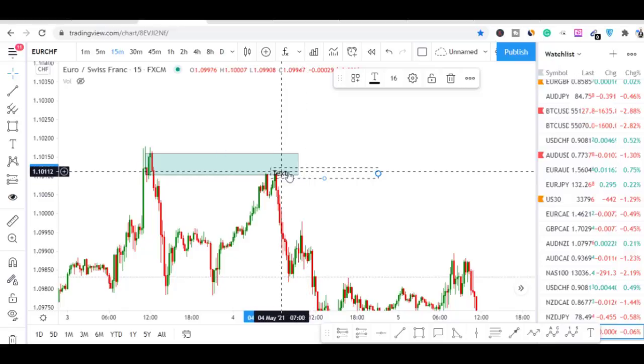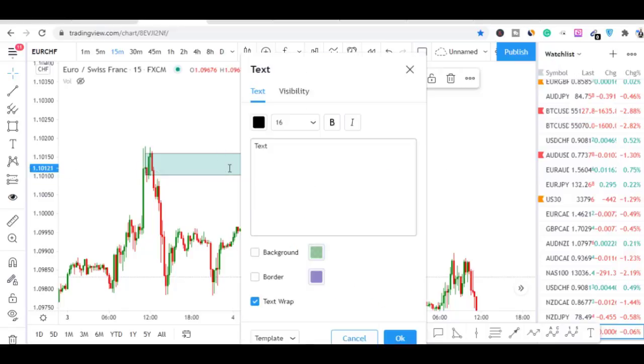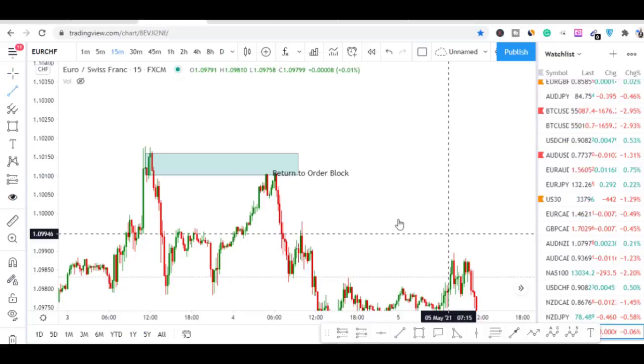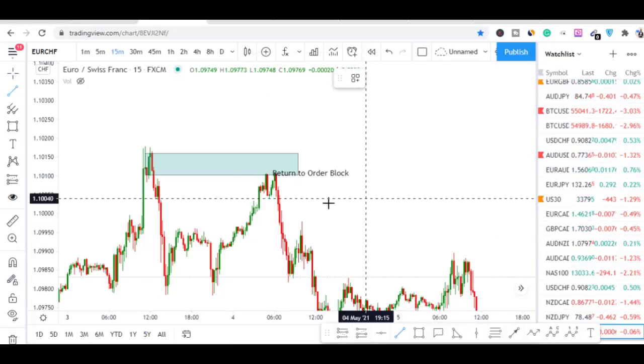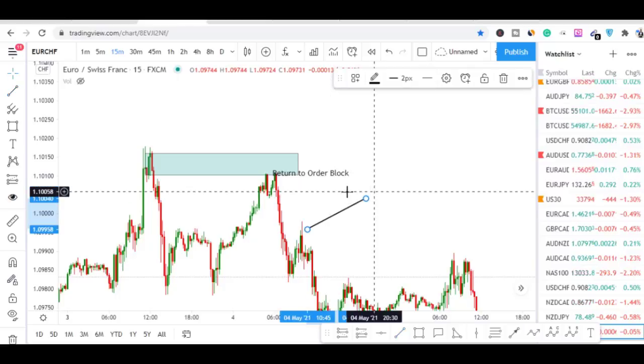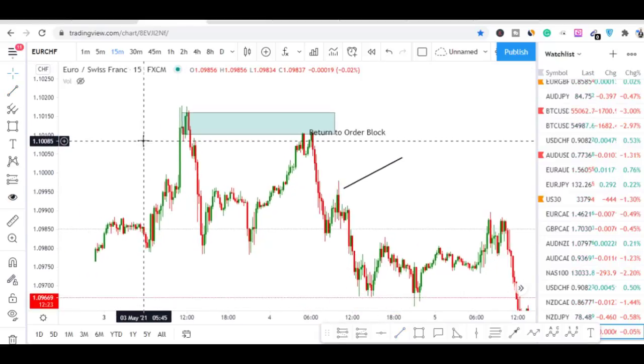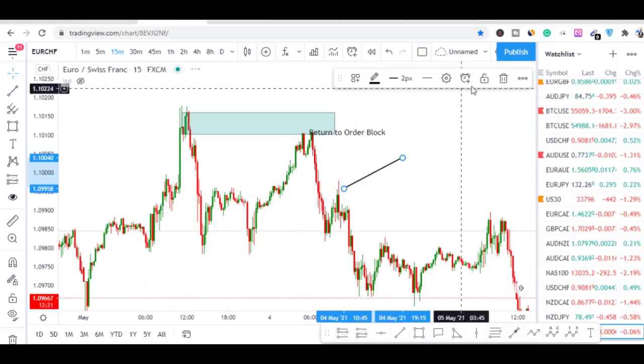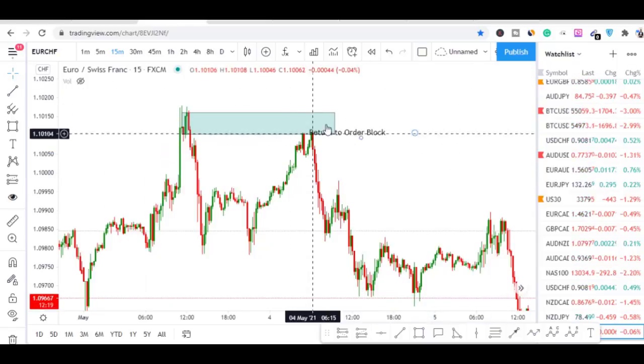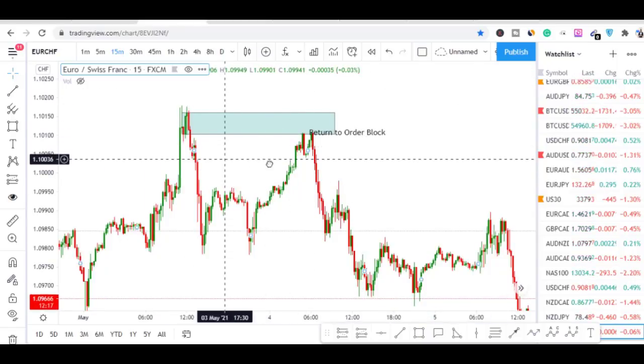So basically what you want to know is where the order block is, then you anticipate for price to get to that area, and you see that this is a return to order block.